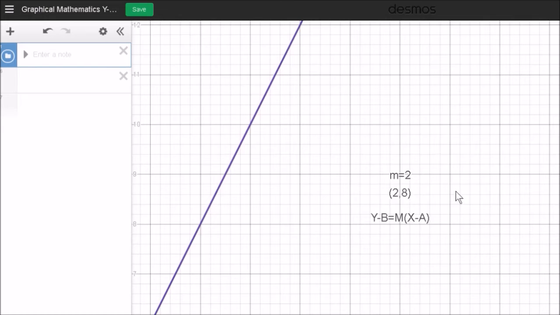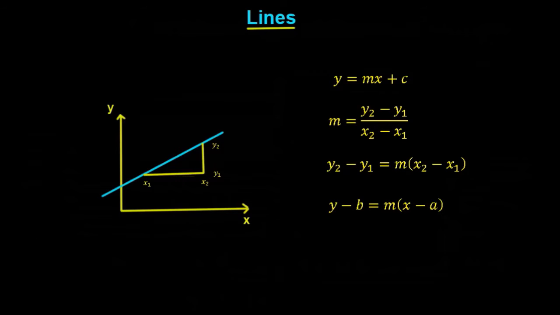So let's go ahead and see why this works, and we'll actually work it out on pen and paper to see if we can figure out what the equation of this line is using a point on the line and the gradient. So if we have a line here in blue, we can see that the gradient of that line is going to be y2 minus y1 upon x2 minus x1.